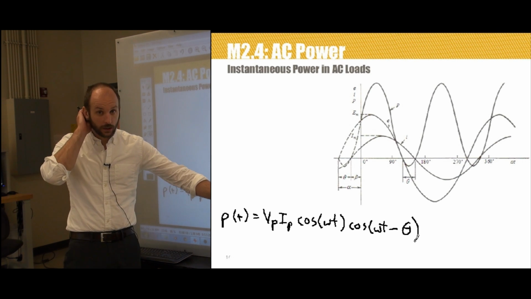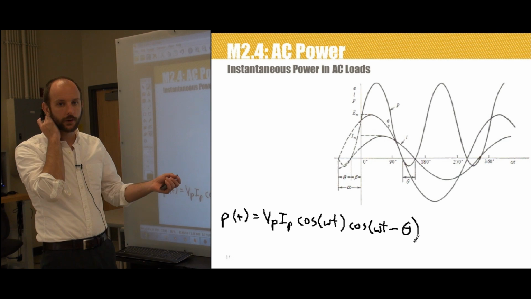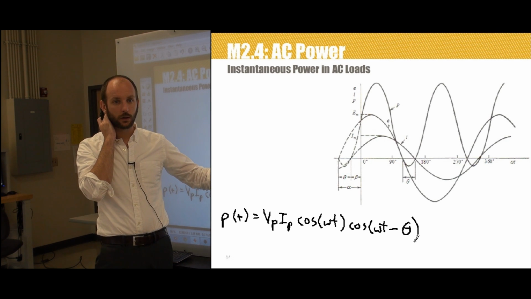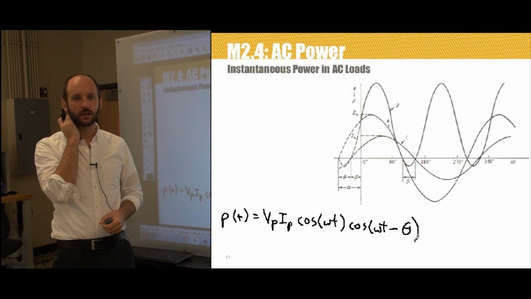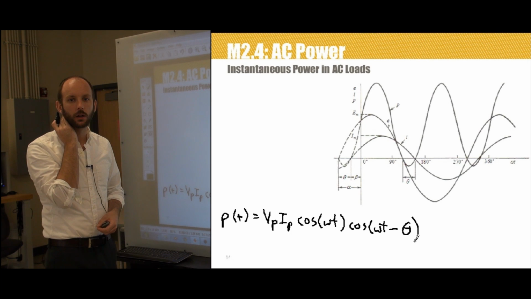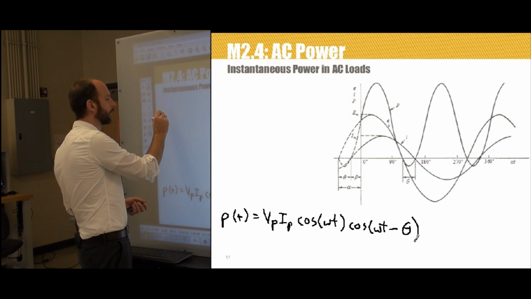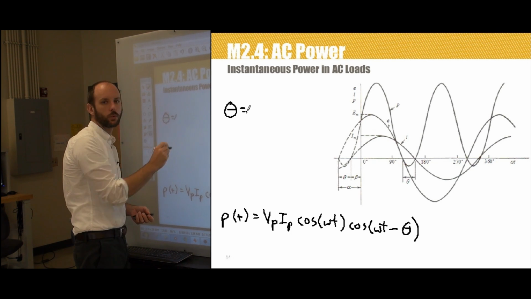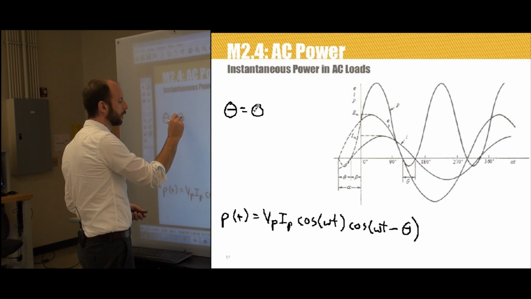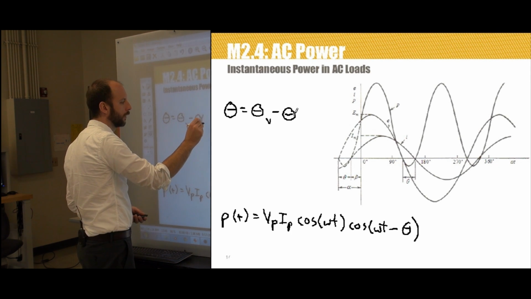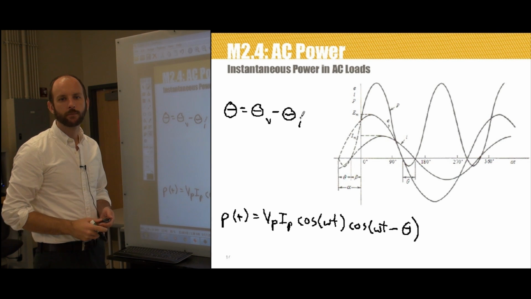So the angle theta here is positive when current lags the voltage, and it's negative for leading current. And so you would say that, remember, theta is equal to theta v minus theta I.